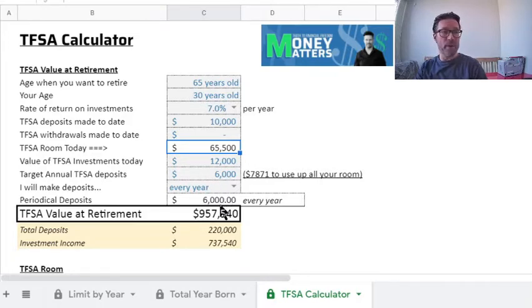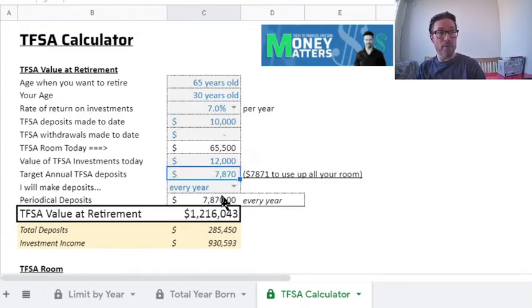You can use it up in 5 years. You can use it up in 10 years. This number here is how much you need to deposit periodically in order to use up this entire room by the time you reach your retirement age target.